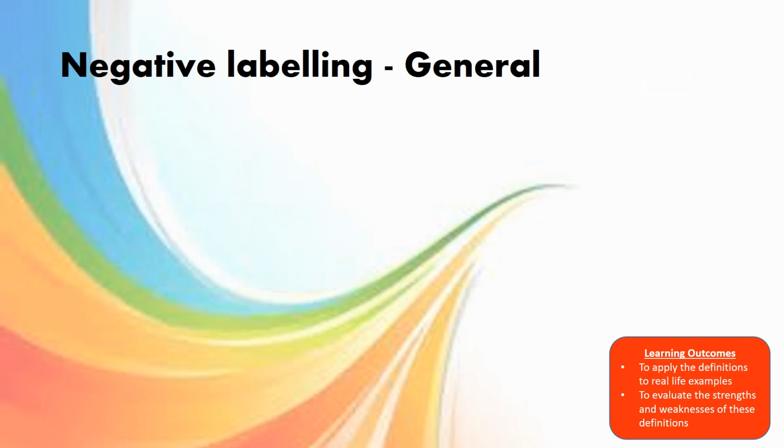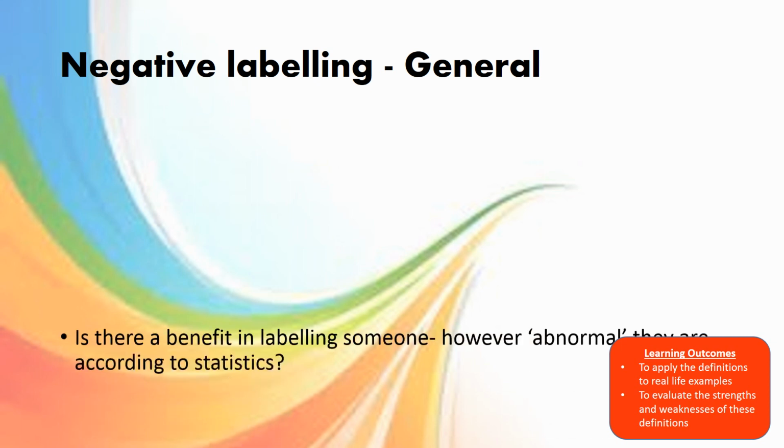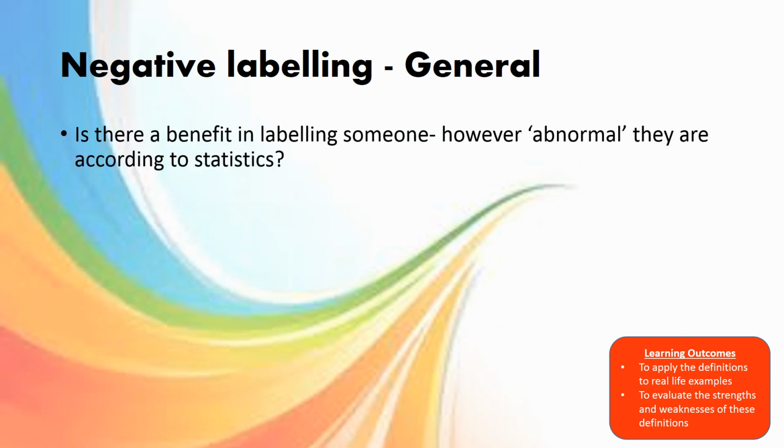The other thing that can arise from all of these definitions is that once you label somebody as abnormal, this can have problems too. So we kind of have this moral debate as psychologists about whether it is actually a benefit to label somebody or not.